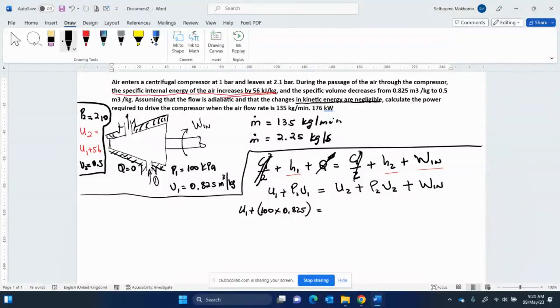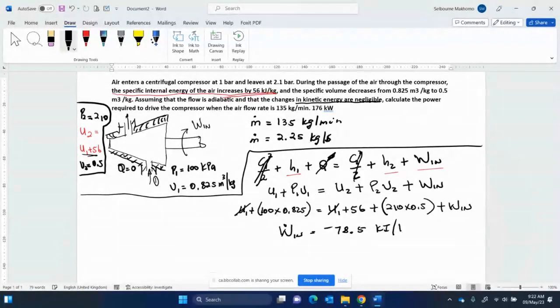Instead of U2, you put U1 plus 56, plus P2, which is 210, times 0.5, plus work input. You take U1 to the other side, it becomes negative, so they cancel each other. U1 is gone. Now we have all these values, and the compressor work input is equal to negative 78.5 kilojoules per kilogram.